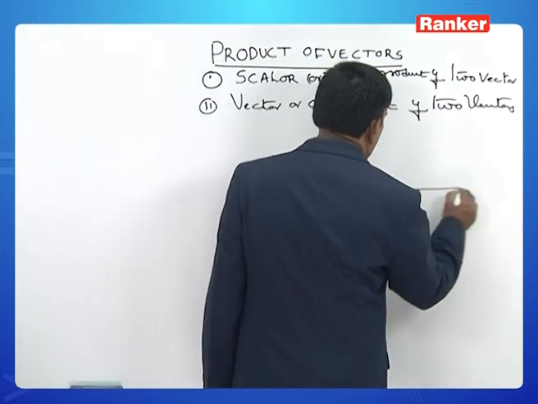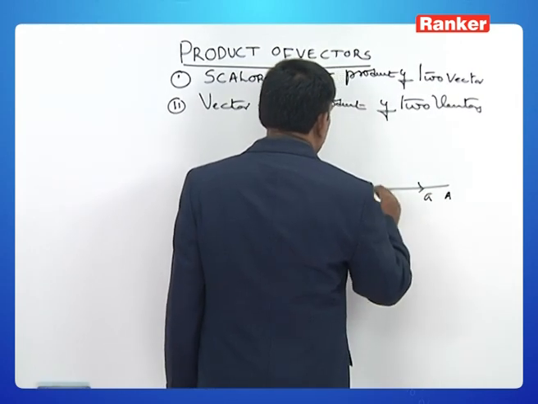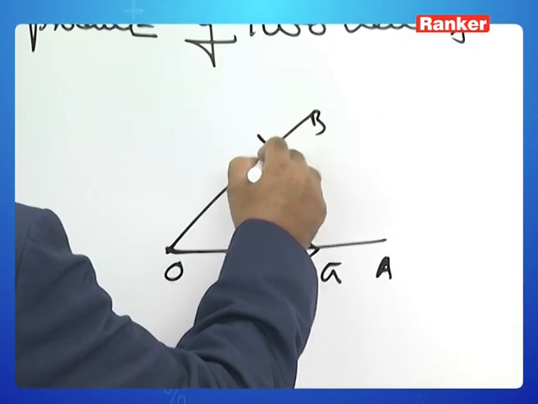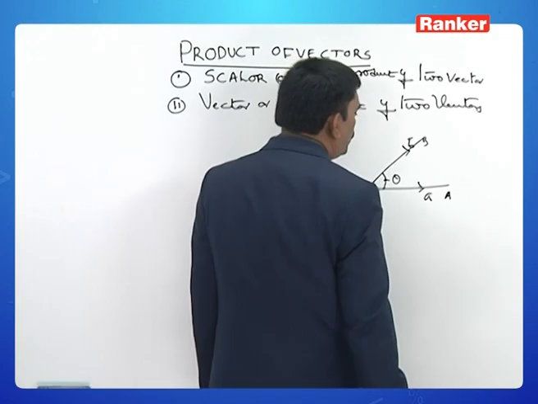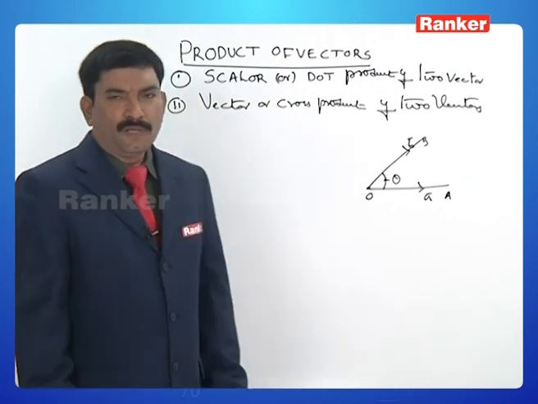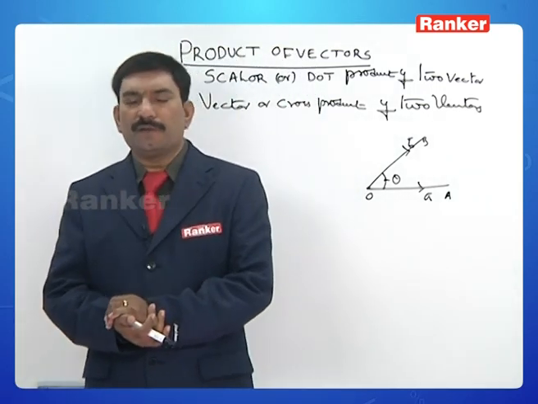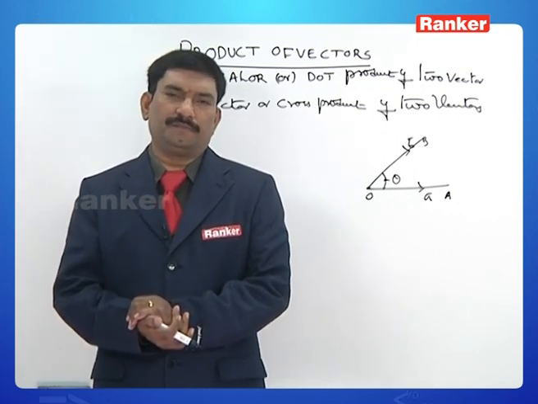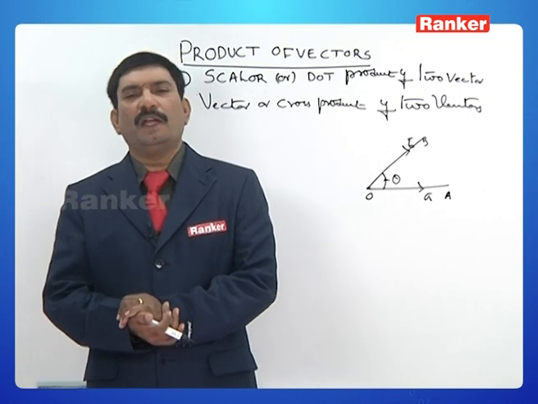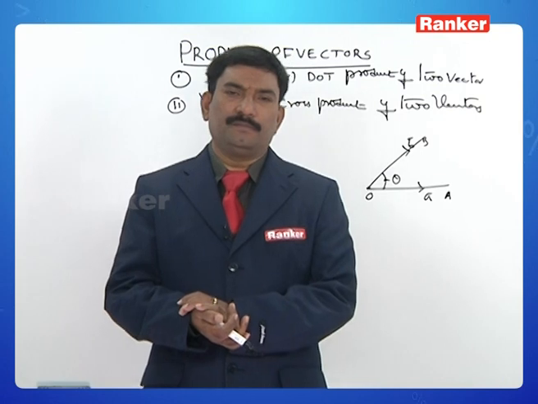Let OA bar equal A bar, OB bar equal B bar, and this is theta. Let OA bar equal A bar, OB bar equal B bar be two non-zero vectors, and theta be the angle between them.